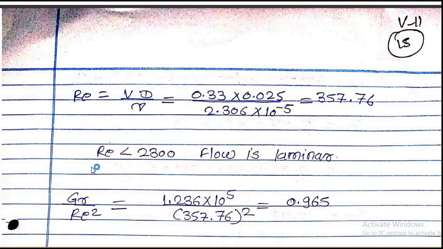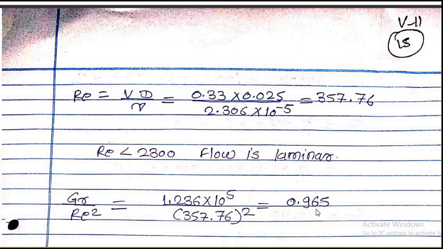Now next thing, we have to determine the ratio of Grashof's number to the Reynolds number square. So the ratio of Grashof's number to the Reynolds number square is equal to the Grashof's number we have determined, its value is 1.236 multiplied by 10 raised to 5, and Reynolds number is 357.76 square. So we will get the value 0.965. Now this value is near about 1.